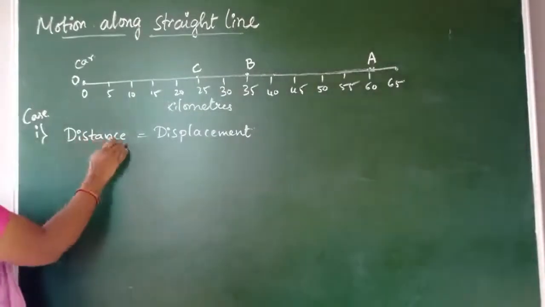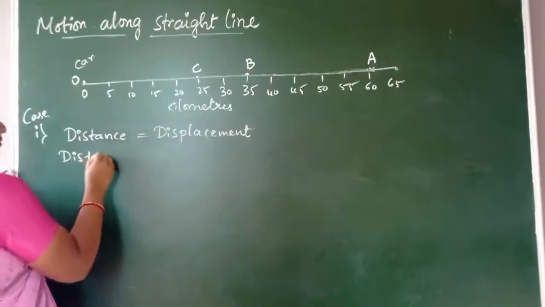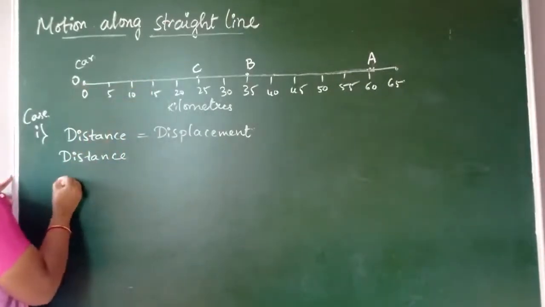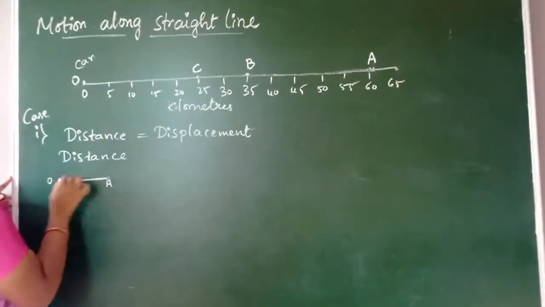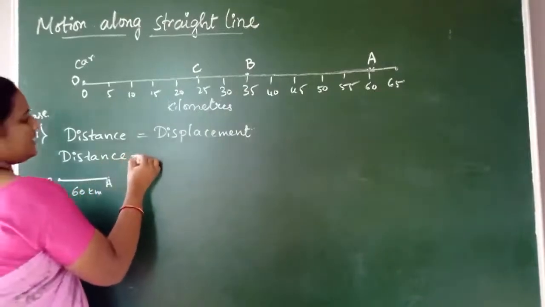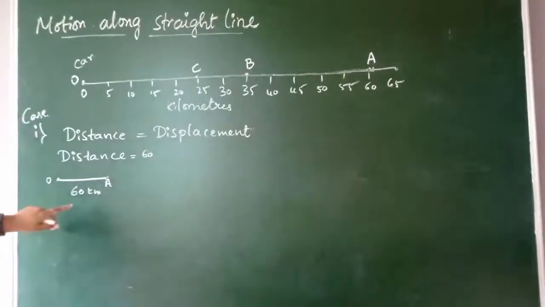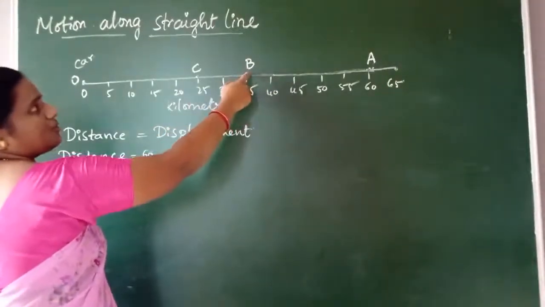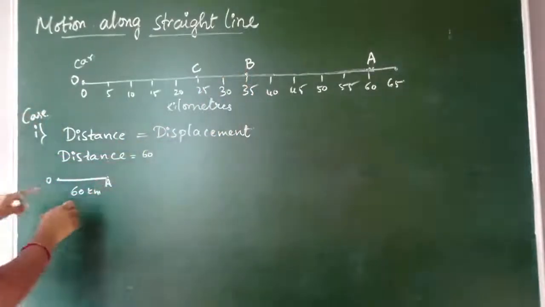Let us take here the distance first, children. Let us take the distance from point O to A. How many kilometers is there? 60 kilometers. So shall we take it as 60 kilometers? Isn't it, children? That is S, the displacement. We will leave that.